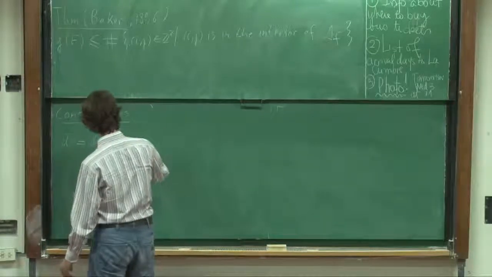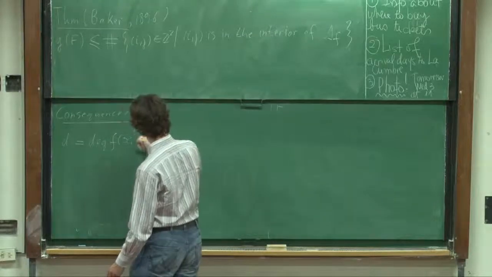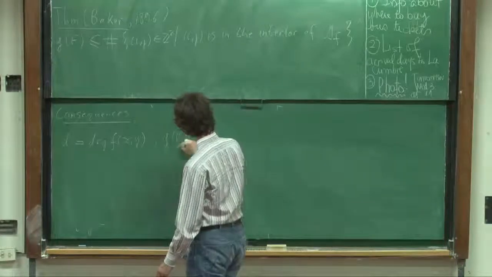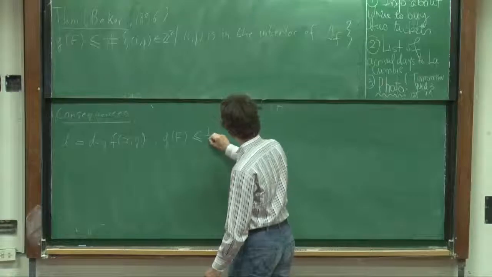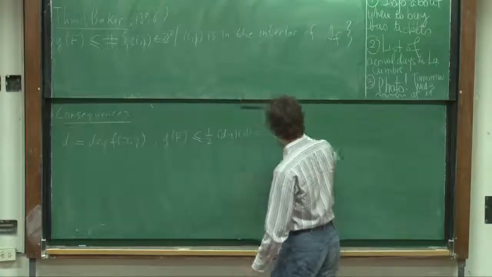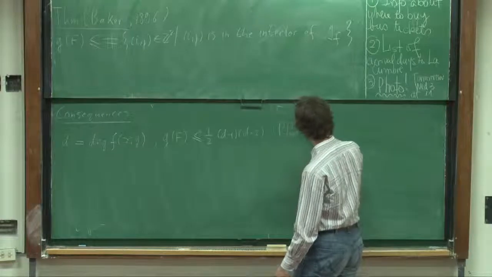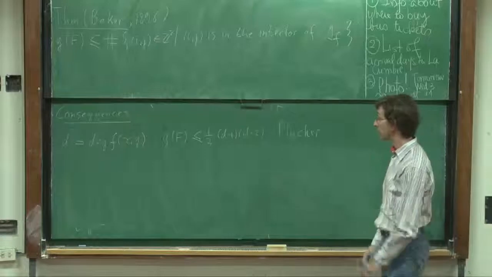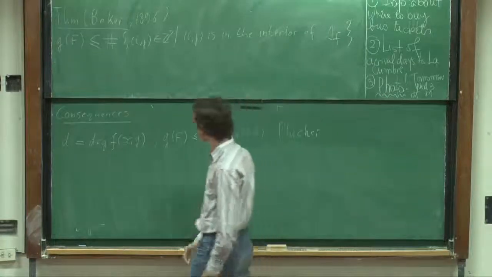If we look at the total degree d of this polynomial, then there's a result by Plücker saying that the genus is at most (1/2)(d-1)(d-2). And you see that, well, proof by picture.